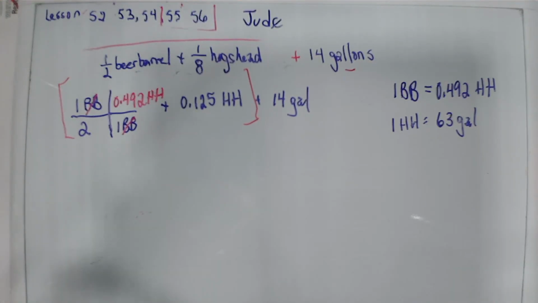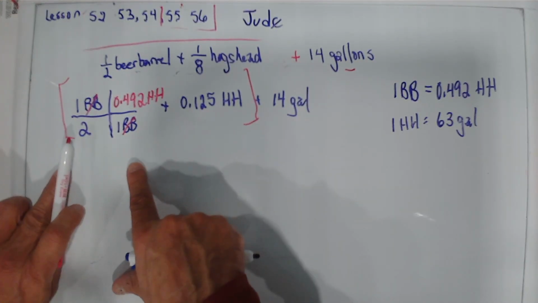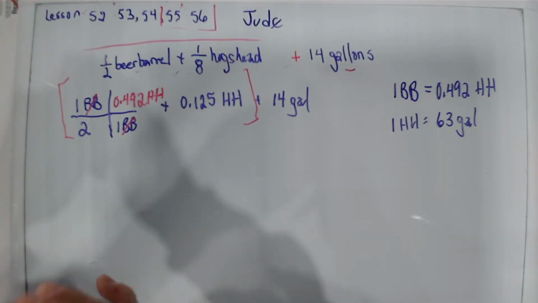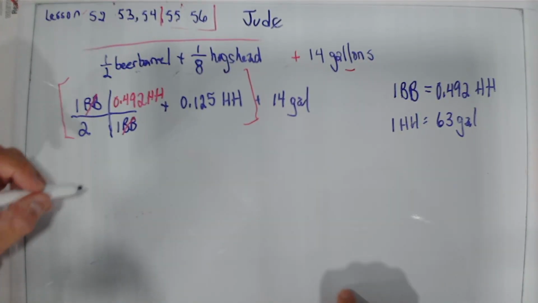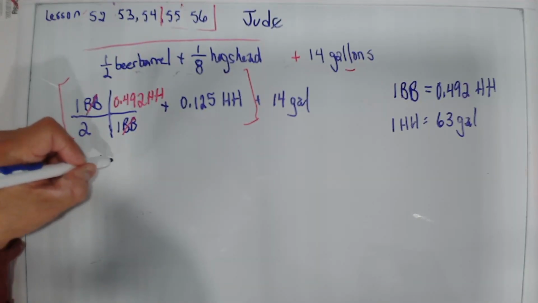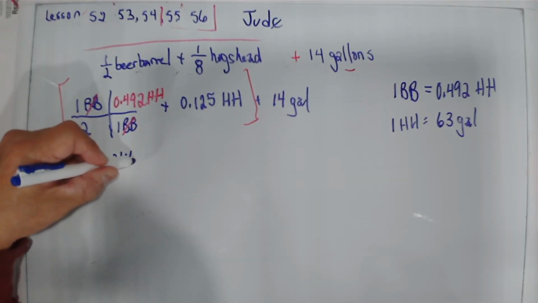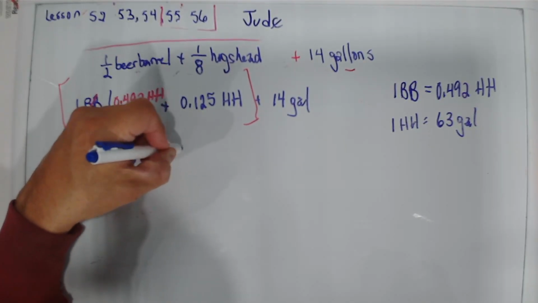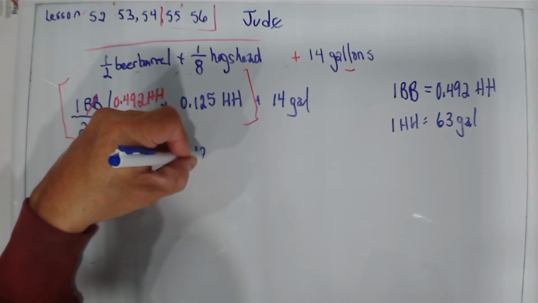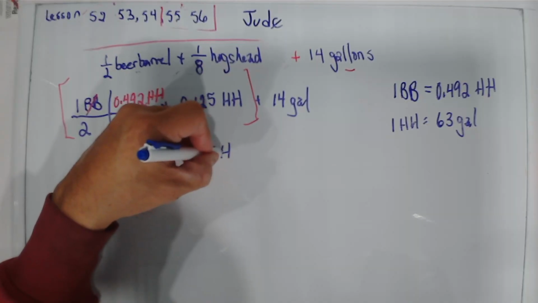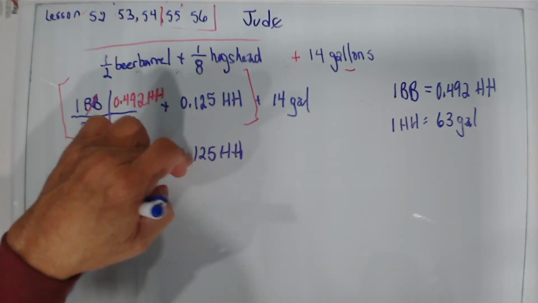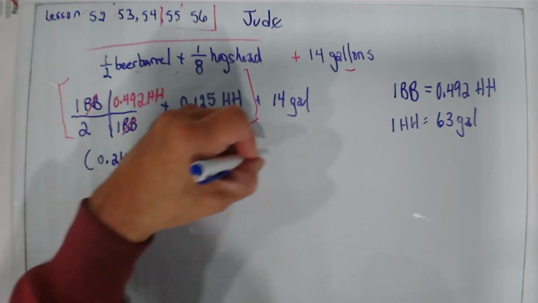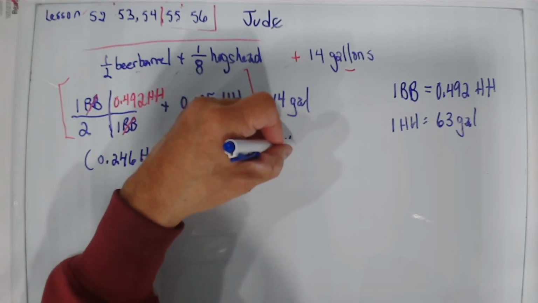So when I do this, I end up with this calculation. It is going to be 0.246 hogshead plus 0.125 hogshead. We're going to do that, and then we're going to add 14 gallons.